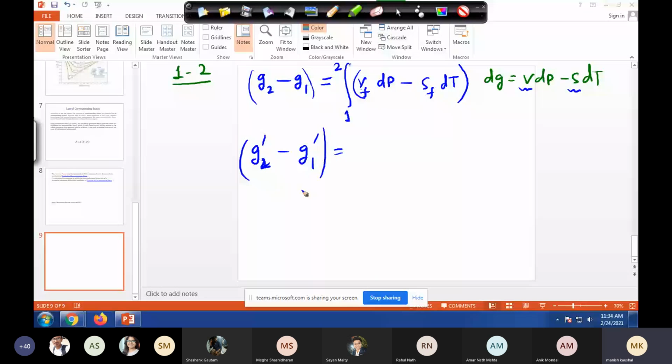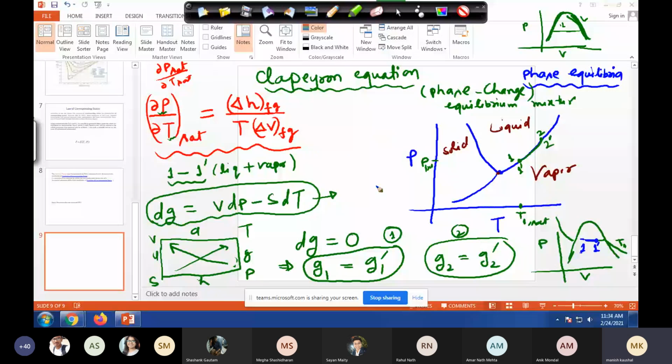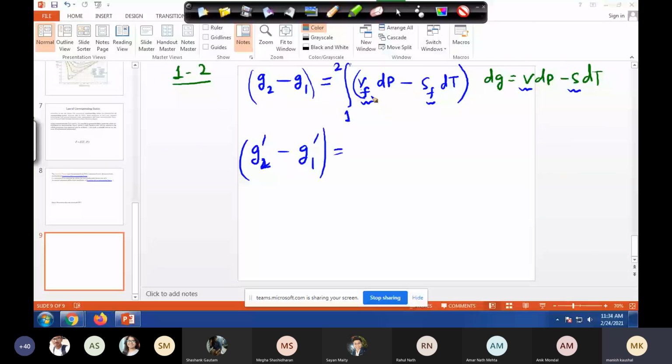Fine. Since we cannot take this Vf and Sf out of the integral, because they will also change, I am writing this for the fluid side, 1 to 2. You are going through different points from 1 to 2, so this Vf and Sf will be the instantaneous properties.